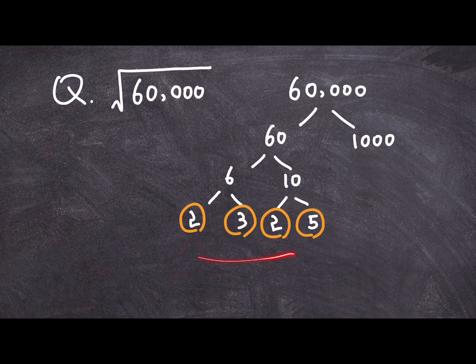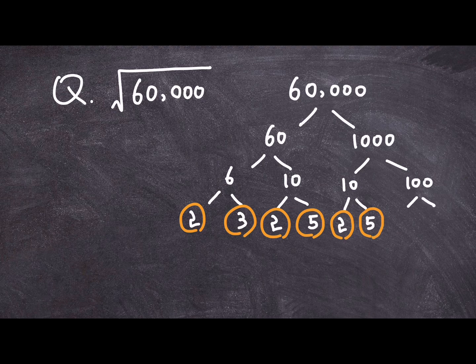So I'm going to leave this side as it is right now and work on the right side of the tree. Now, 1,000 is equal to 10 times 100, obviously, and 10 is equal to 2 times 5. 2 and 5 are prime numbers, so again, I circle them. 100 is equal to 10 times 10. 10 is equal to 2 times 5 and 2 times 5.